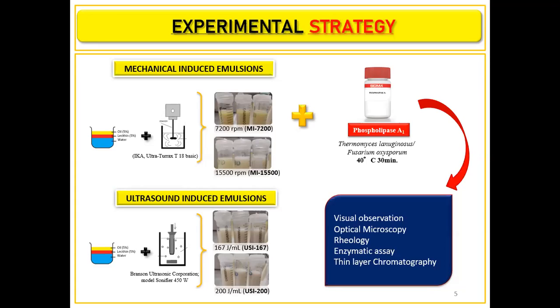As you see, we elaborated 4 different emulsions with 2 different methods. 2 of the emulsions were obtained by mechanical stirring, one at 2,200 revolutions per minute, and the other at 15,500 revolutions per minute.